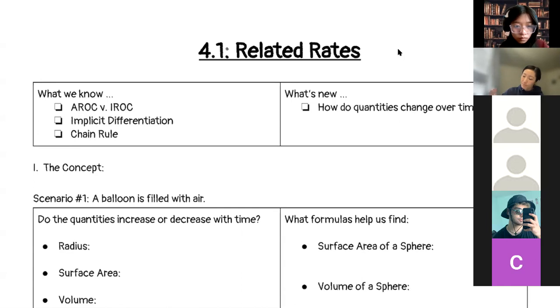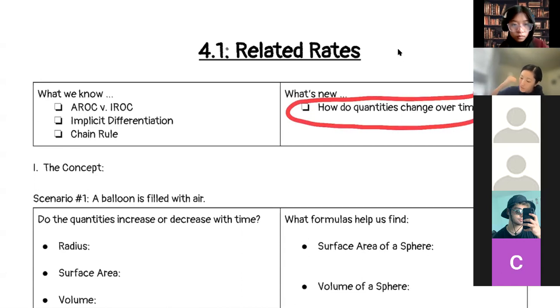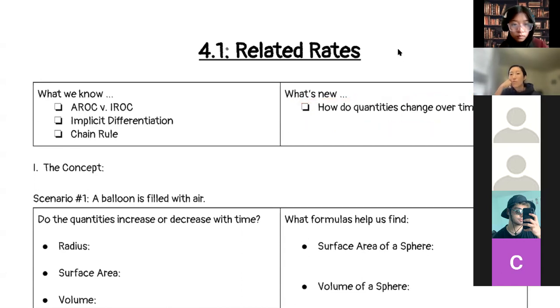And so the question that we're going to be asking ourselves today is this one right here. How do quantities change over time? So the big thing here is that things are changing over time, right?